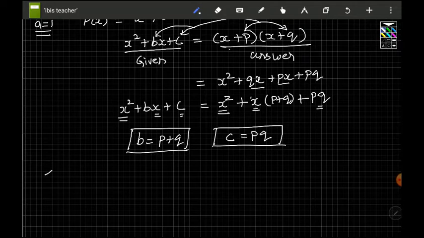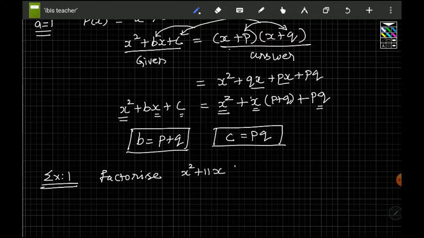Let me give an example here. Suppose you are asked to factorize x square plus 11x plus 30. Here you compare this with the general form x square plus bx plus c.